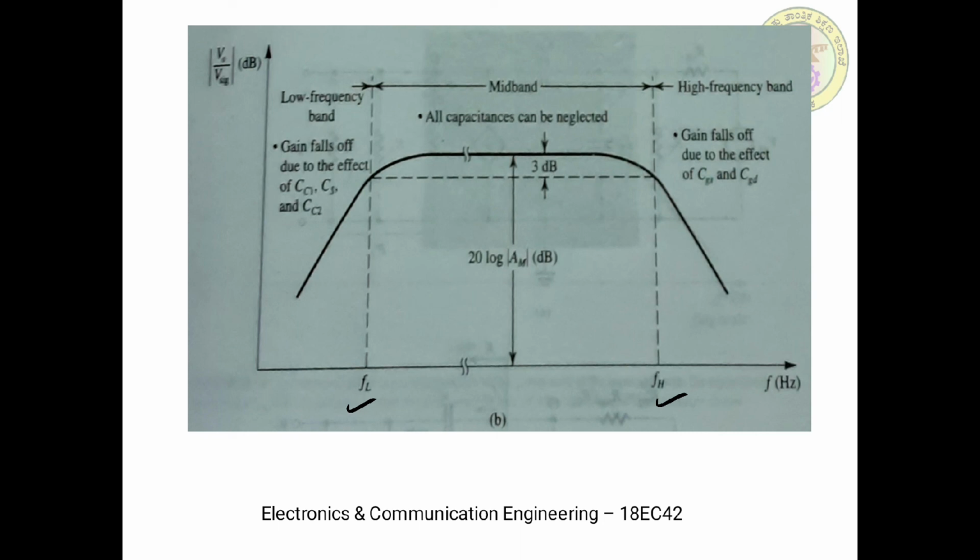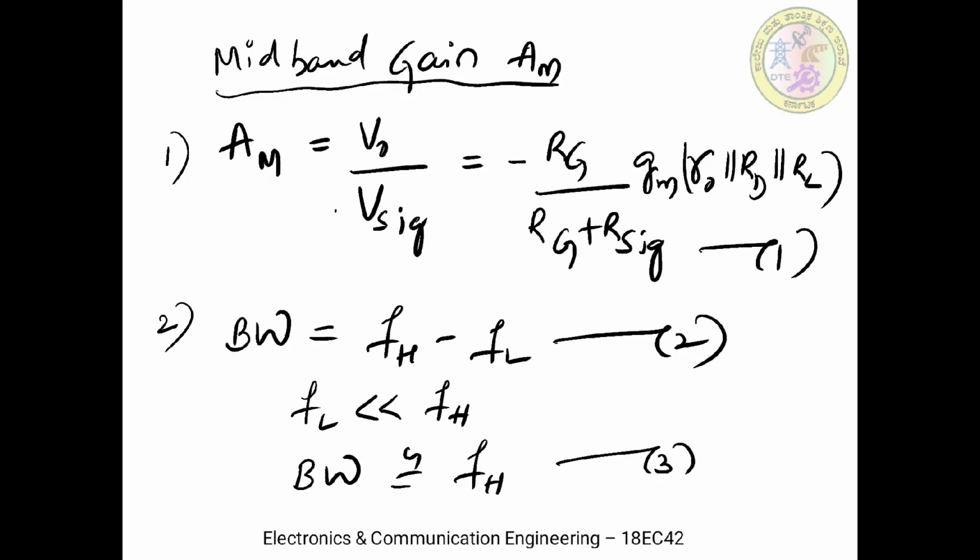In further sessions we are going to take up in detail the higher frequency response as well as the response towards the lower frequencies, and also we will try to know what are the components on which FH as well as FL are going to depend.